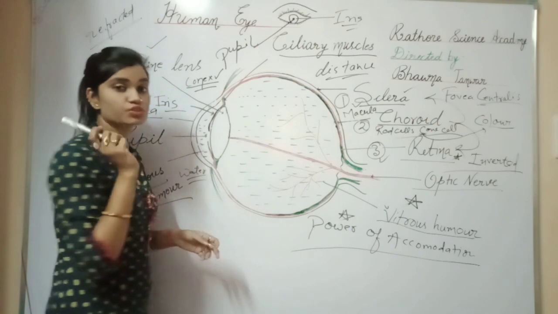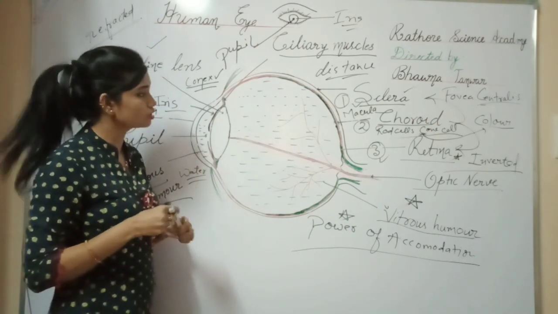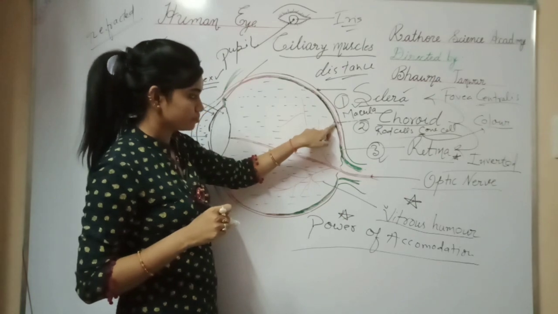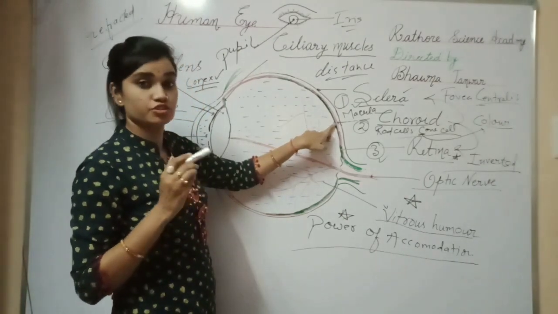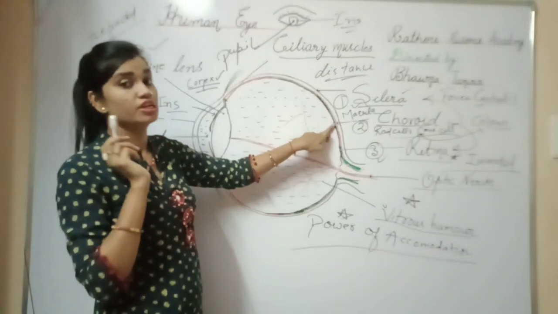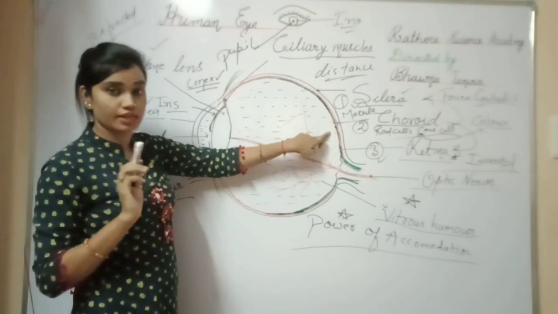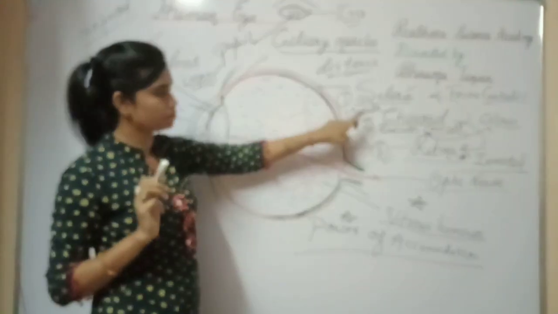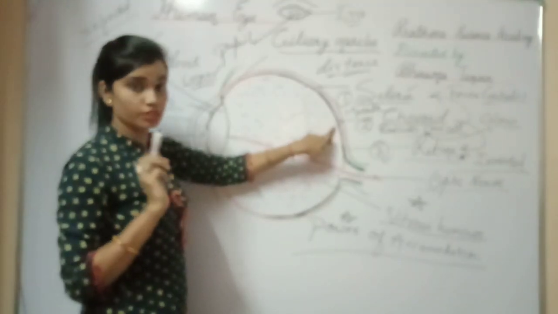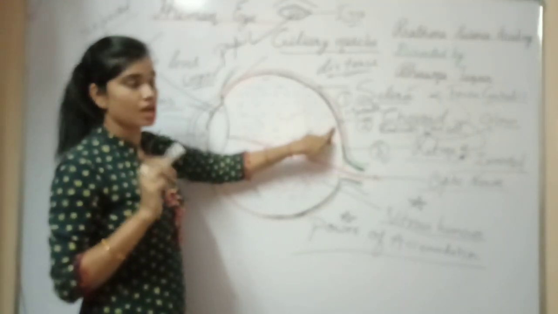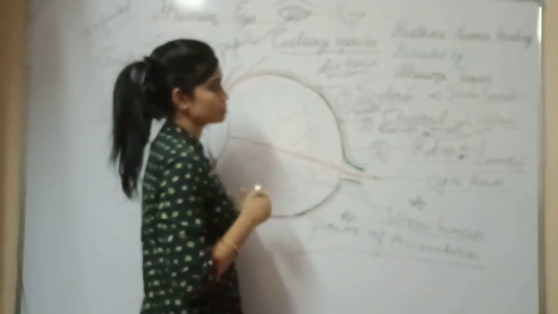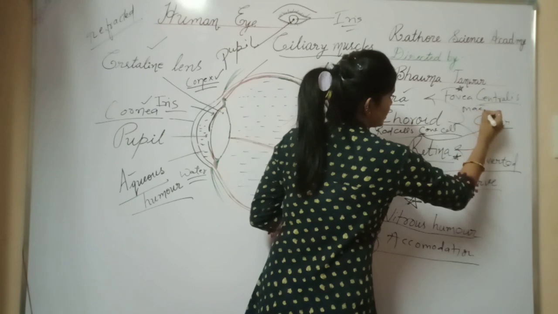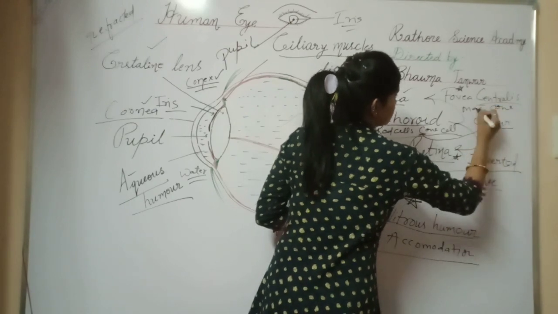Retina is the place where the image formation occurs. On the retina, there is a place which is responsible for sharp vision. We say it macula, and macula has a depression which we call fovea centralis, and fovea centralis is a place where the maximum number of cone cells are present.